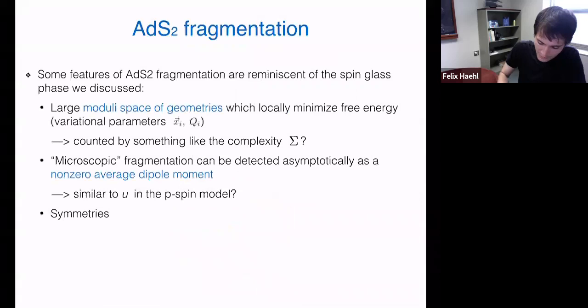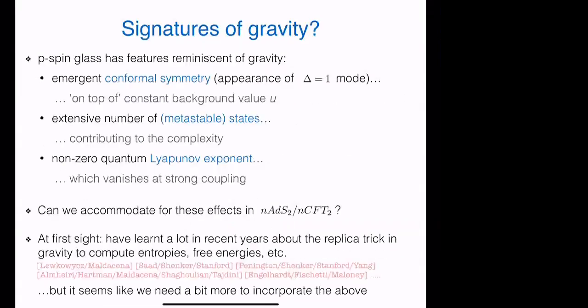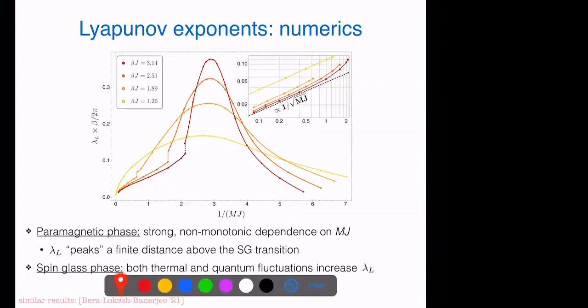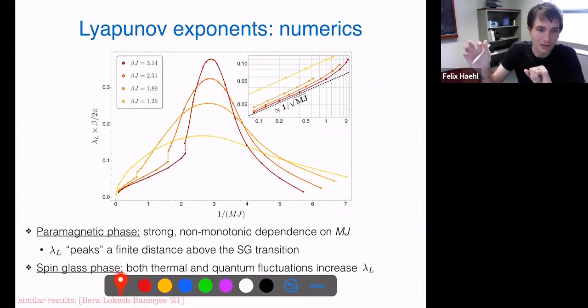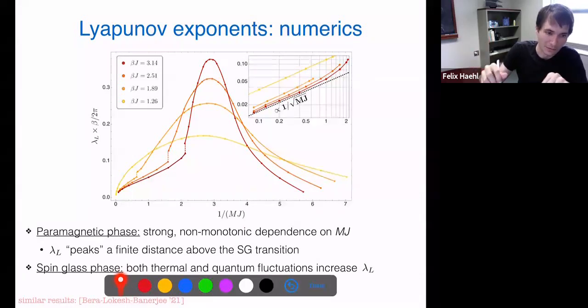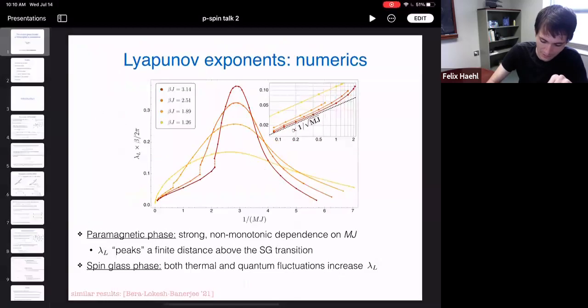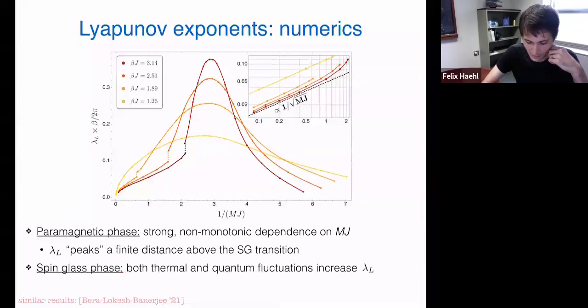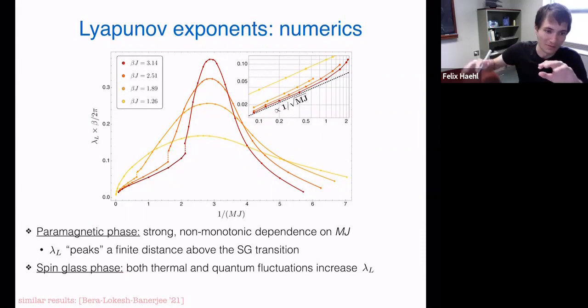Okay, so they were roughly at the same value of mj for the cases I plotted, but not exactly the same. I think it starts to deviate more as you go on. Actually, in the paper we have a plot of where this peak is as a function of beta j, and it's not at constant mj.